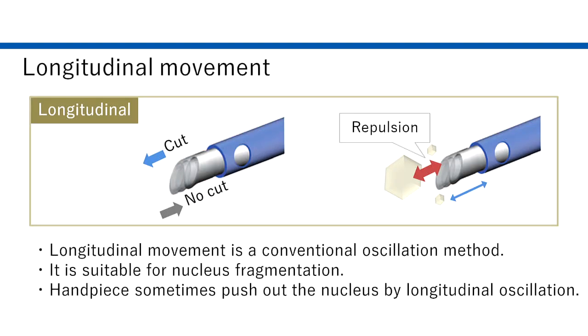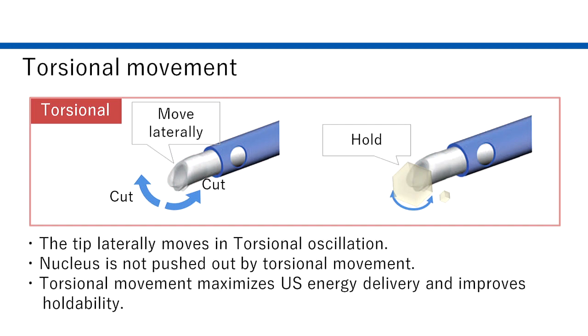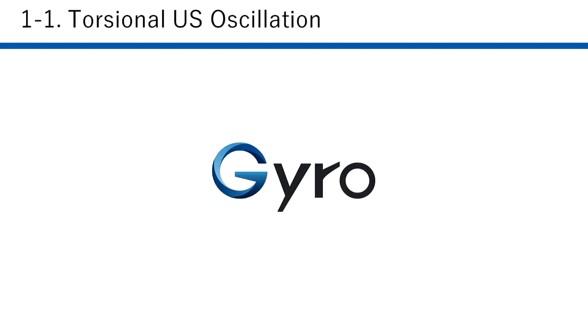So what is torsional? Longitudinal movement is the conventional oscillation method. It is suitable, but sometimes because of the longitudinal movement, the nuclear fragments are pushed away, whereas in the torsional movement, the nucleus is not pushed away. That is the reason why torsional is now the way to go, and it maximizes US energy delivery and improves holdability.